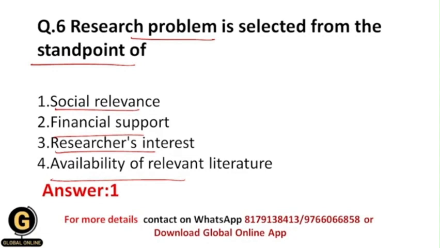Whenever we have social relevance to the research problem, then the research problem is feasible, and we have seen that earlier in this video. That's why we should select the research problem from the standpoint of social relevance and not researchers' interest. So we should give priority to social relevance over the researcher's interest. So the correct answer should be 1.